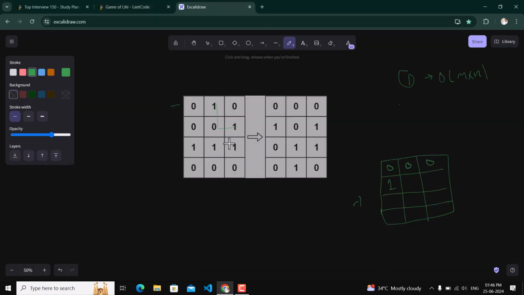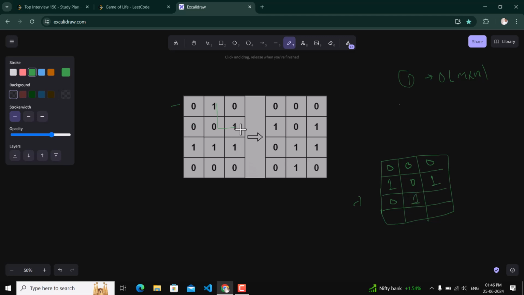For the next cell, 0, it contains more than 3 live cells, so it will be 0 only. For this one it contains 3 cells, so it will be alive only. For this one, its neighbors contain only 1 cell, so it will be dead. For this one it contains two live cells, so for the current cell to be live in the next stage it should have 2 or 3 live cells in its neighbors, so it will be 1 only.